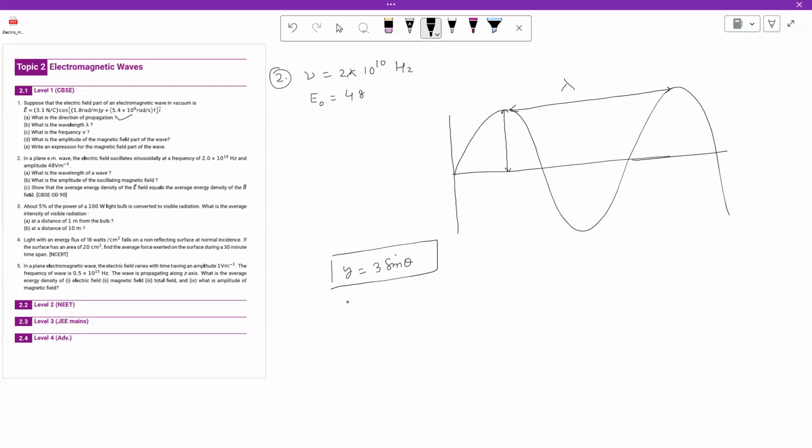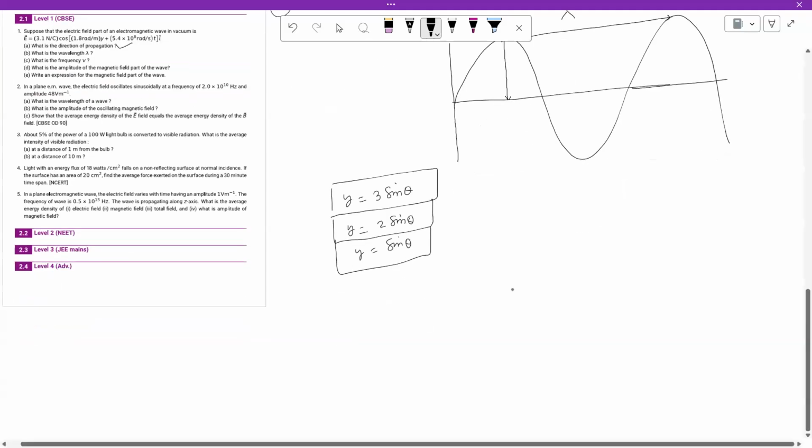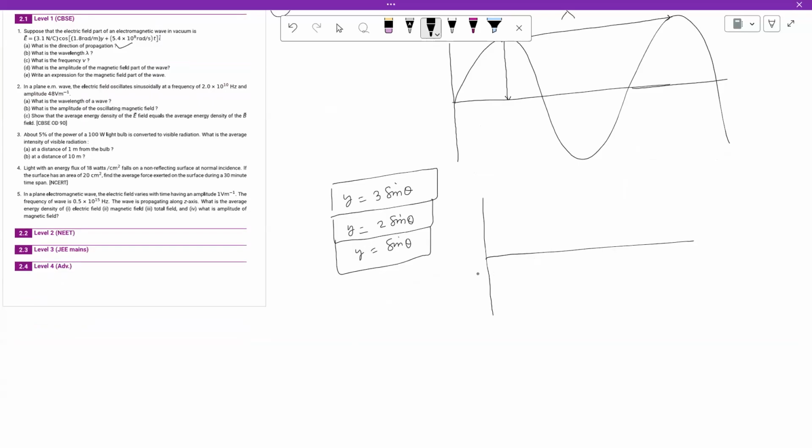If your y is 2 sine theta, or only sine theta, then let's say this is 0, this is pi by 2, this is pi, this is 3 pi by 2, and this is 2 pi.